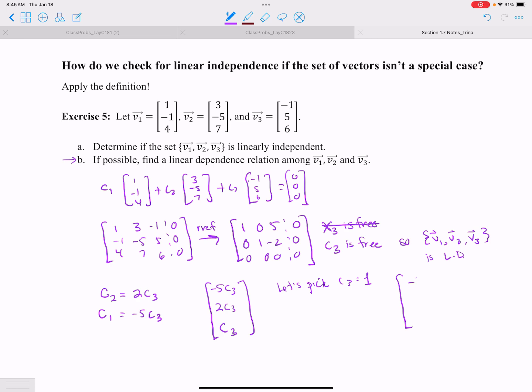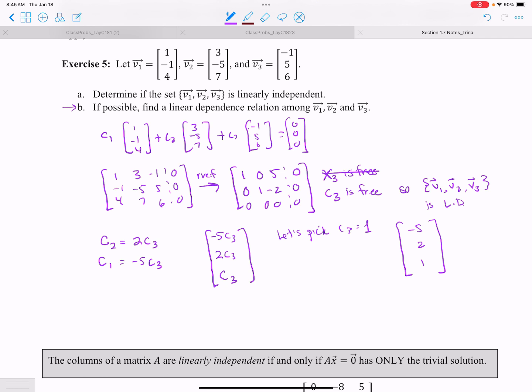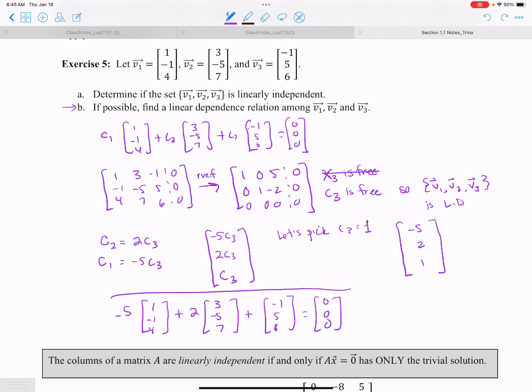So I would get -5, 2, 1. So what that tells me is -5 times my first vector plus 2 times my second vector plus 1 times my third vector equals 0, 0, 0. So this tells me my linear dependence relationship among the three.